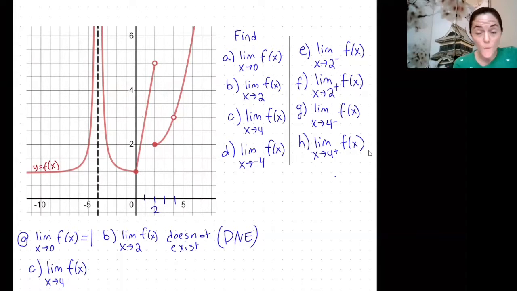As we approach 4. Now this is a very interesting one. Maybe I should label 4 here. 4 is not in the domain. You see here this open circle. This is saying that 4 is not in the domain, or f of 4 is undefined. There is no value for f of 4.